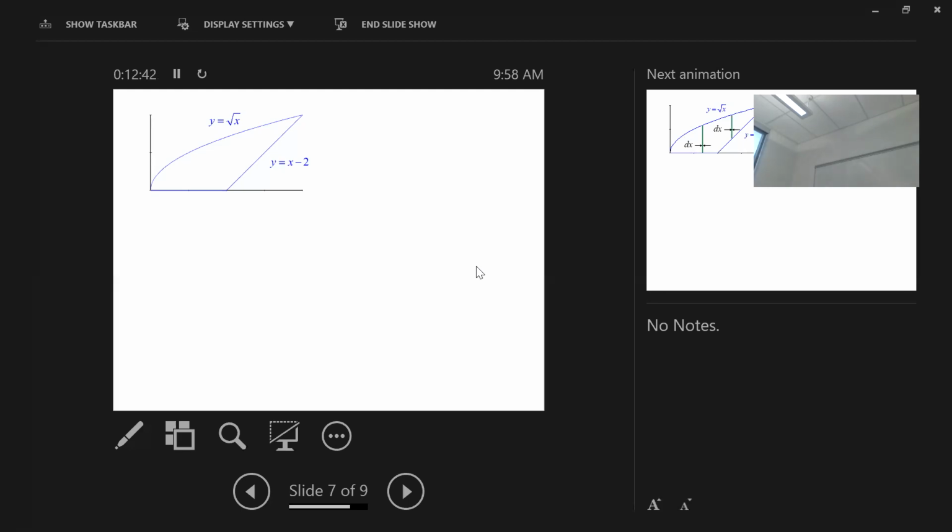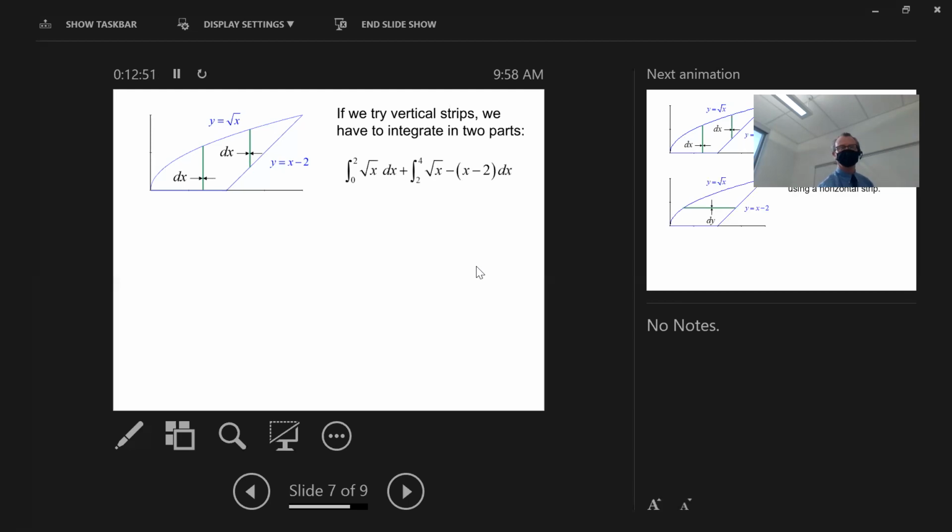So here's how they do it. So they went from 0 to 2. Where did they get the 2? It's a mystery.